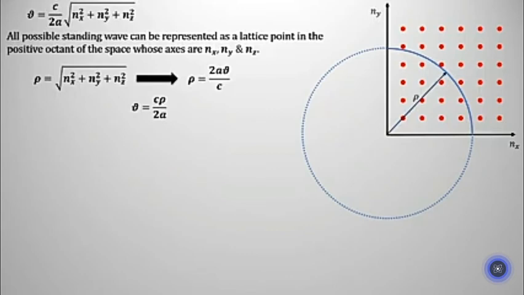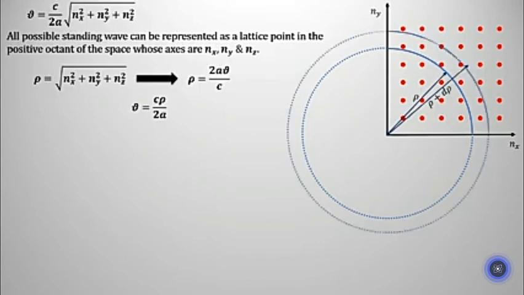Now let's calculate the number of modes. We have to calculate the number of mode points of the frequency nu in a specified volume. For that, let's draw another sphere of radius rho plus d rho. We are willing to find out the volume of the region between both spherical shells. The surface area of the inner sphere will be 4 pi rho square.